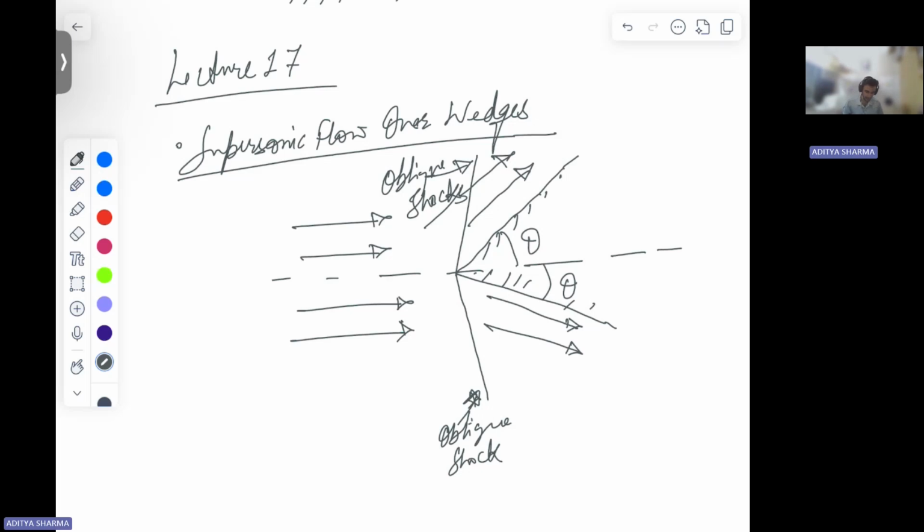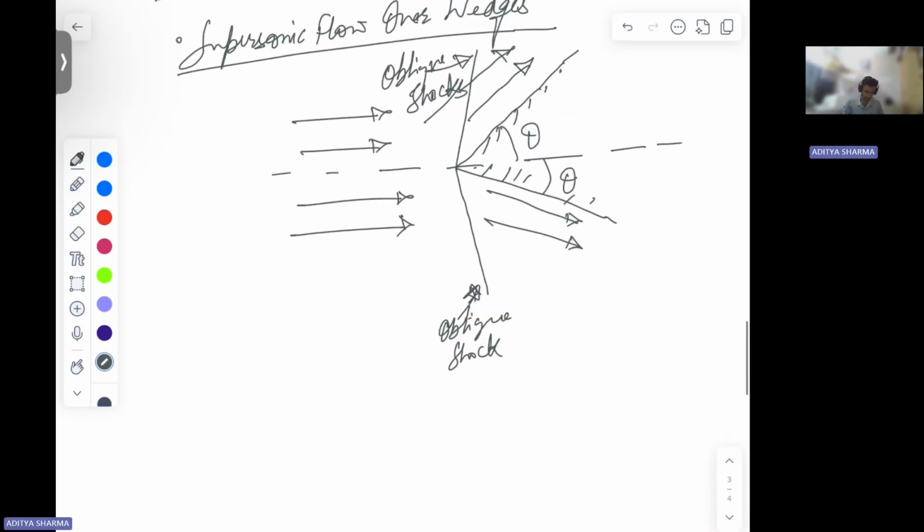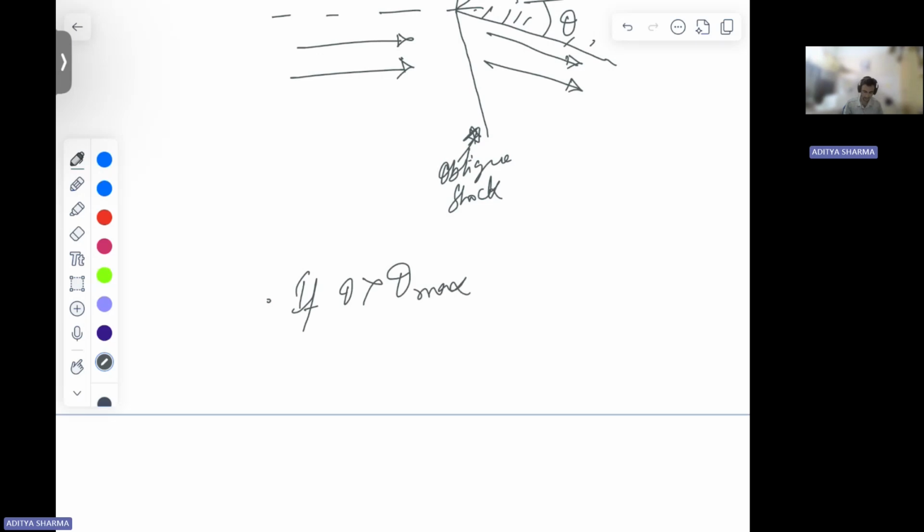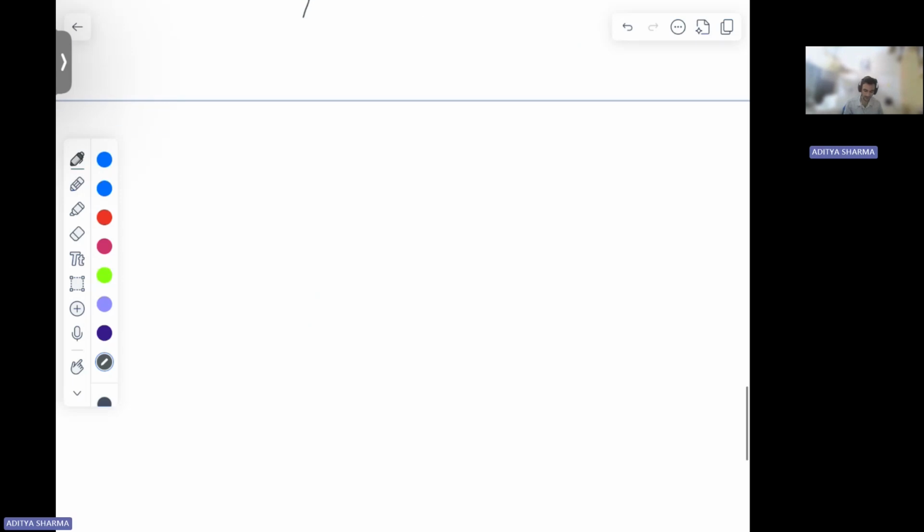And in case your theta angle is greater than theta max, what is going to happen in that case? You're going to get a detached shock.